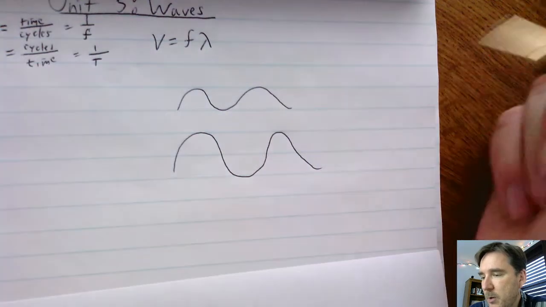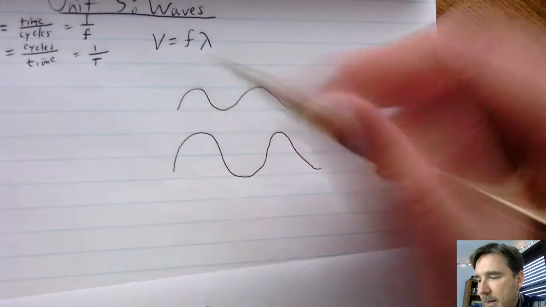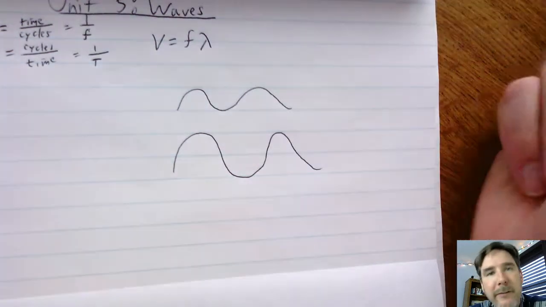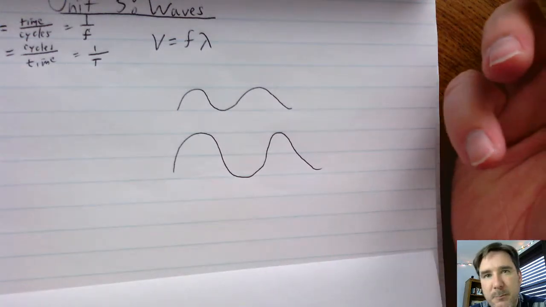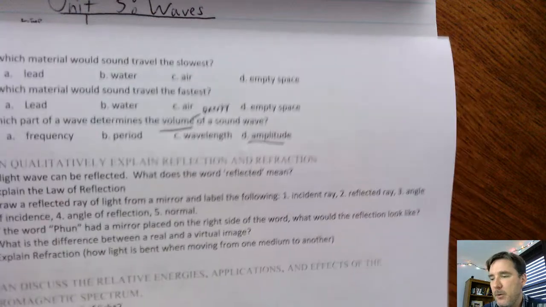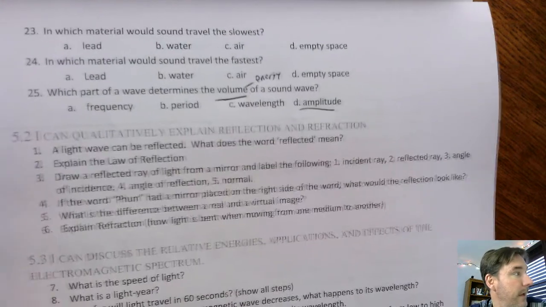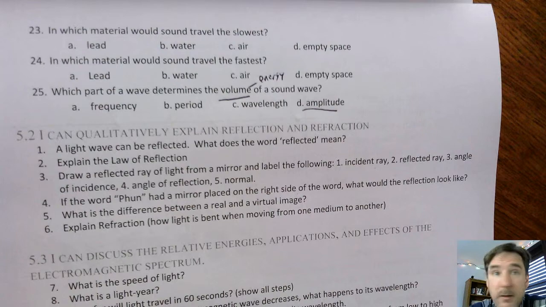And just going off of the amplitude, we'll talk about frequency later, but just going by the amplitude, the height of those waves just took more energy to make. So these were the springs, the slinkies in the hall. Okay, so that's number 25 there. Amplitude is definitely a big indicator of how much energy it takes and how much energy the wave is carrying.